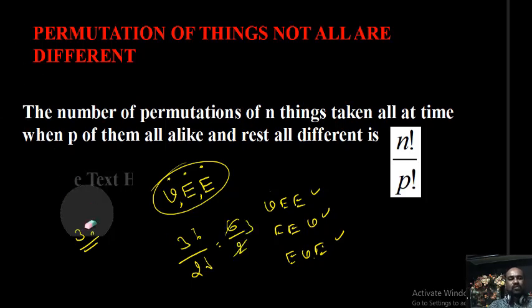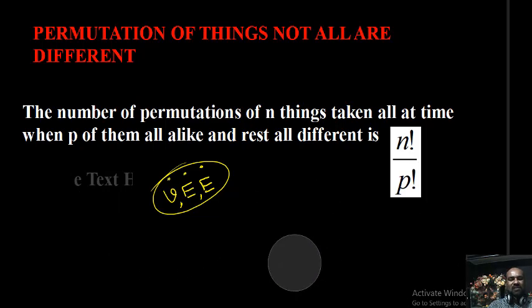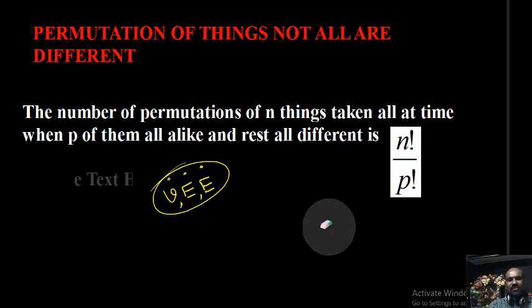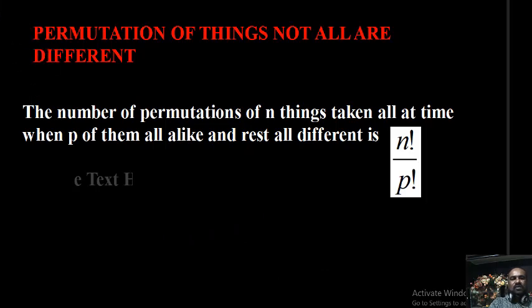But how can you prove it? That is the interesting thing, students. Listen all of you. By using the letters of the word VEE, how many different 3 letter words can you create? Write them. My answer is this.